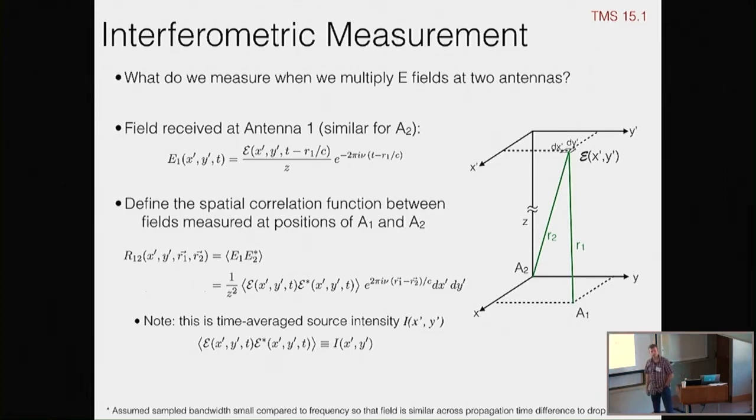And you could define a function everywhere that is the correlation between the voltages received at this antenna and this antenna as a function of their separation in 2 dimensions. So that R12 looks like this. You've got this part that doesn't need a time average because the t's canceled. You've got 1 over z squared, and then you've got the time average of the 2 voltages.